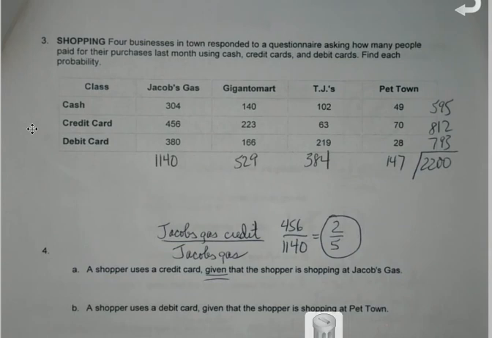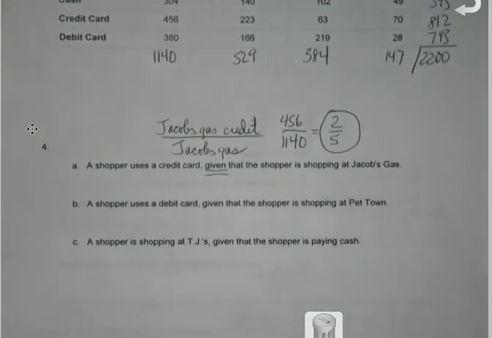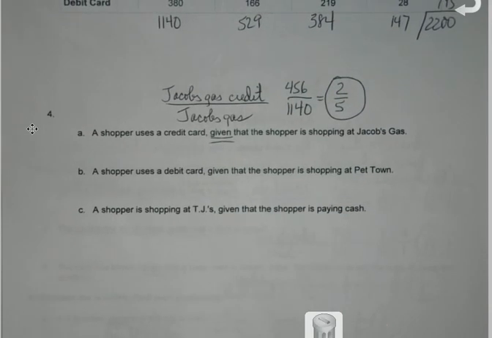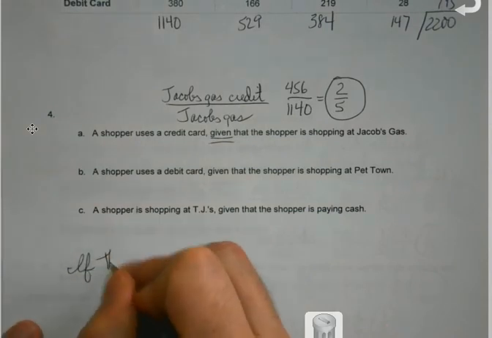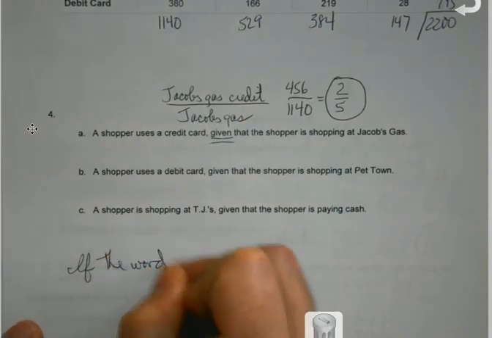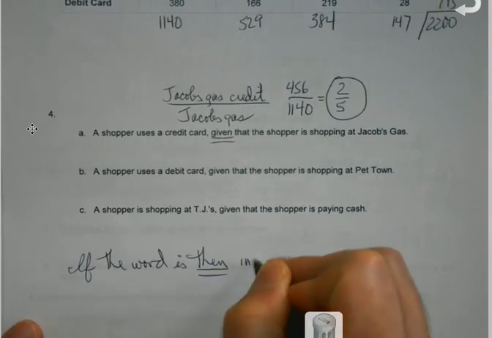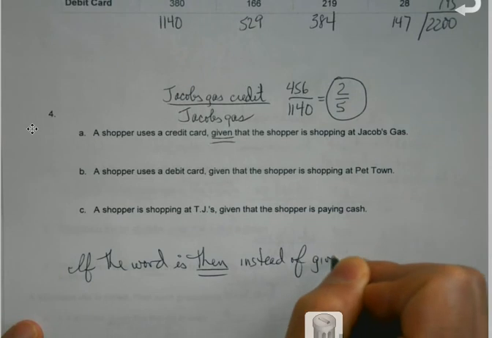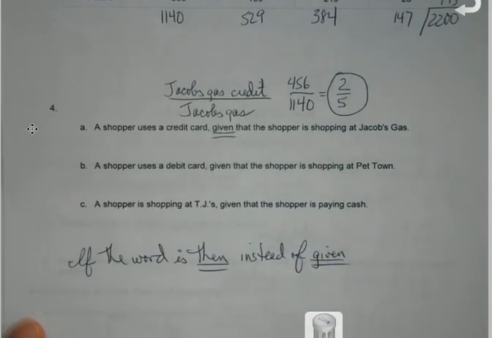Now, I want to do one thing down here at the bottom, because there's going to be a type of question that gets thrown at you, and I don't want to throw you for a loop. If the word in the middle is then instead of given, that's going to happen.